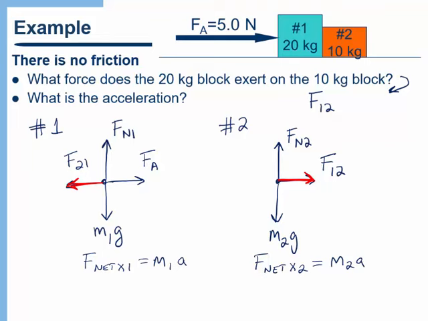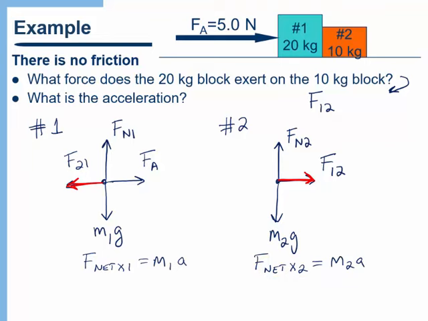Notice my notation. F net x1 stands for the net force in the x direction on object 1, and F net x2 is the net force in the x direction on object 2.